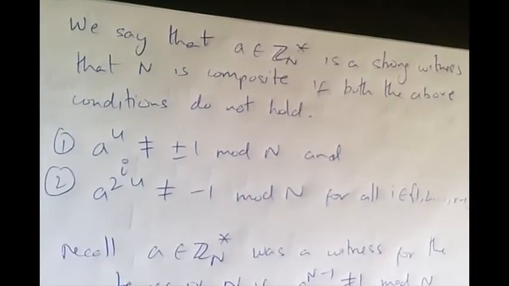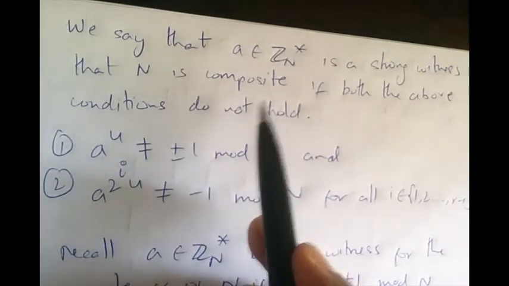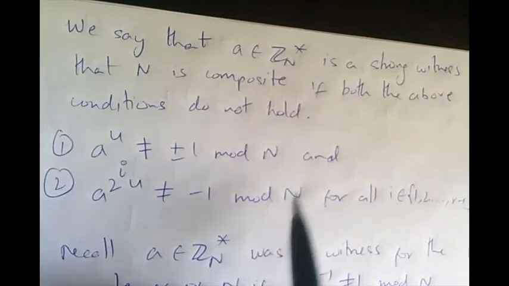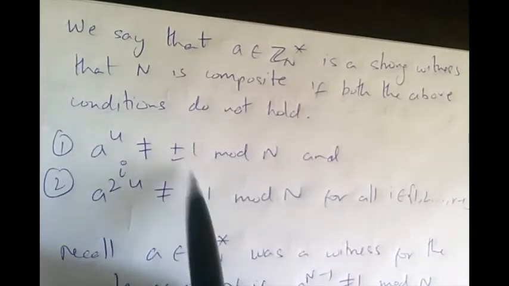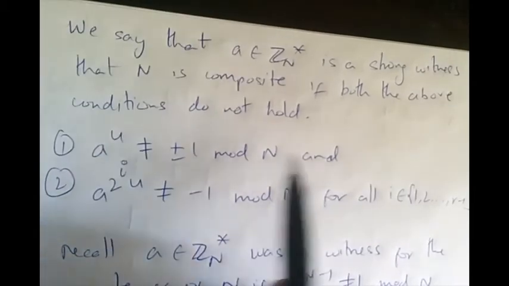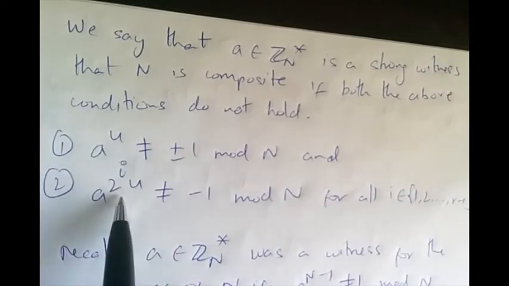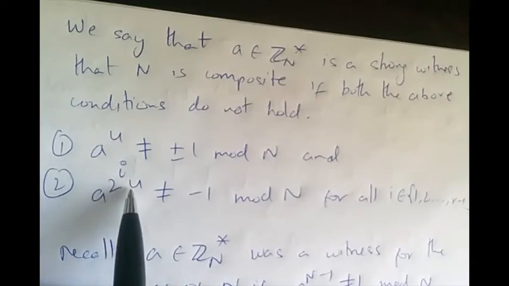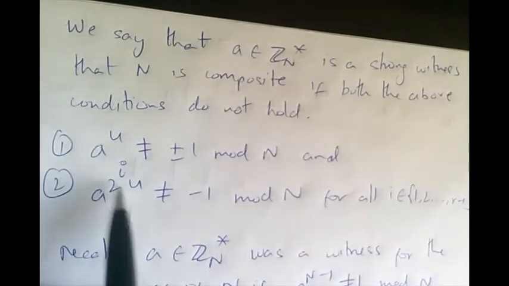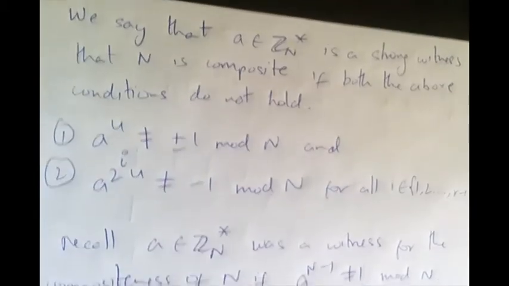Okay, so let me repeat that before I change the frame. If it is not a strong witness, then it's a negation of a conjunction here. It's an and of two statements. So the negation is the negation of this or the negation of this. What is the negation of this? I'll replace not equal to with equal to. And the negation of the other, which says a to the 2 raised to i u is not equal to minus 1 for all i, is that for one of these indices, I'll get equality. So let me write that.